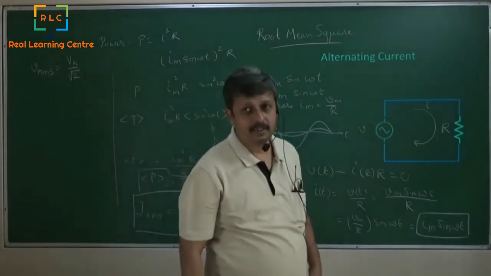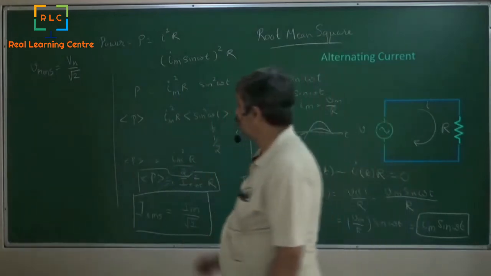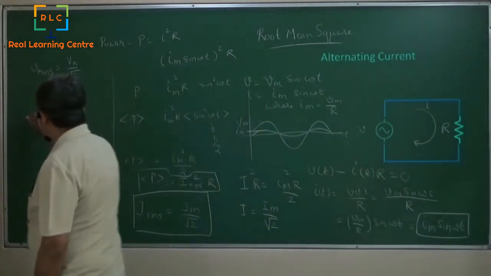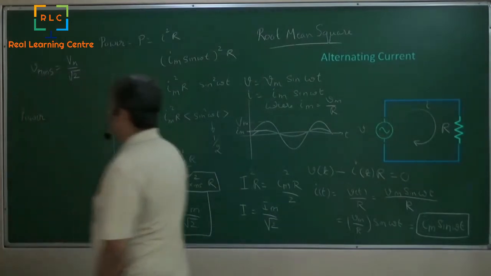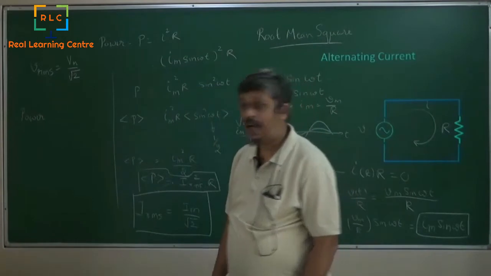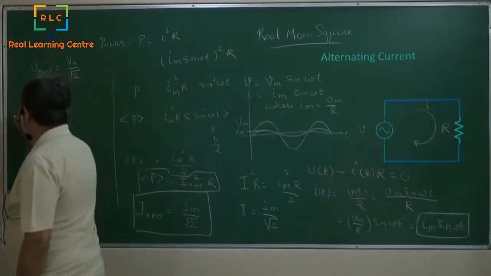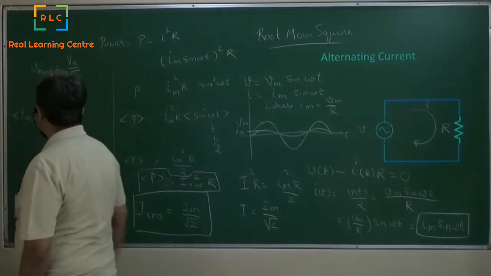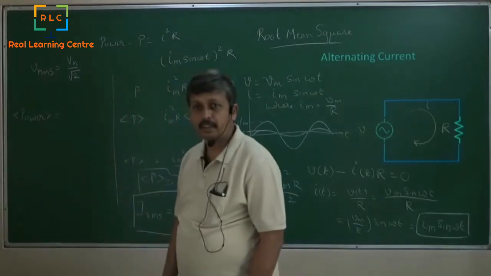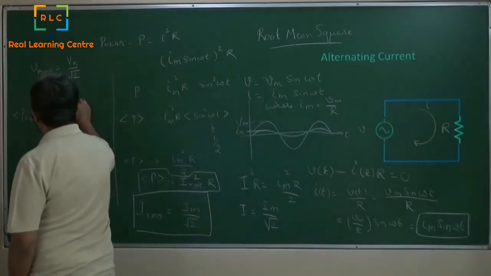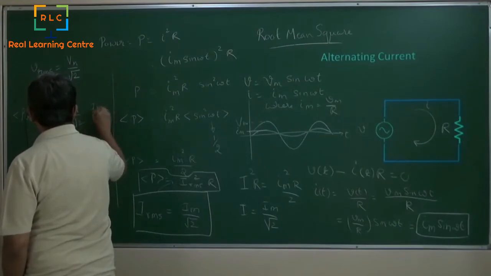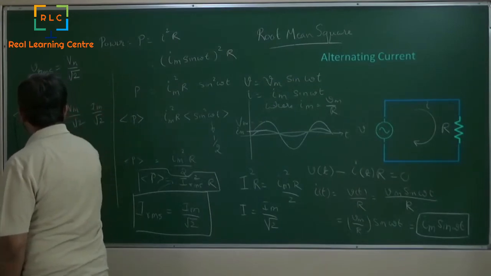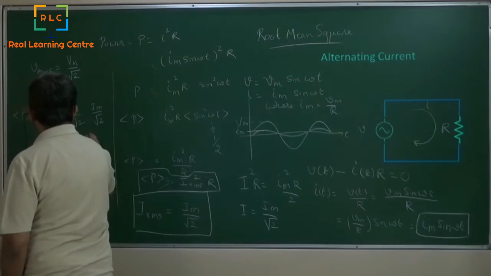If we do that, then we can look at average power as equal to Vm by root 2 into Im by root 2, or Vm Im by 2.